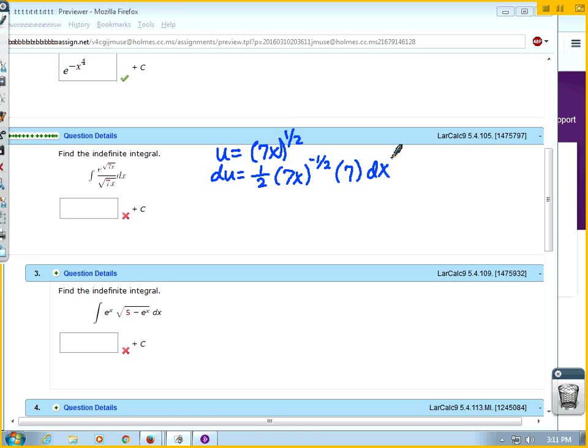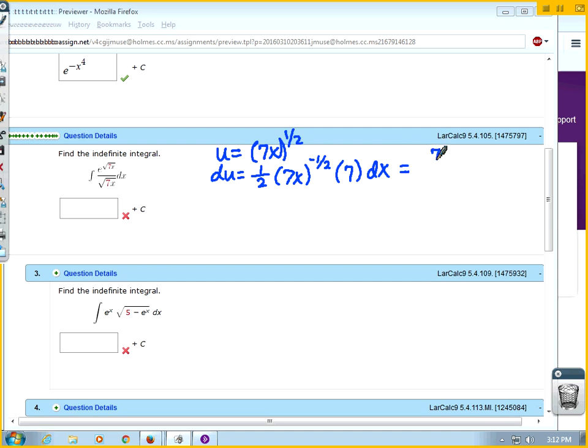When you take the derivative here, you've got the power rule and the chain rule. So you brought your 1/2 down, subtracted 1 from the 1/2, and got negative 1/2. Then you're multiplying by the derivative of the inside, which is 7x. The derivative of 7x is 7.